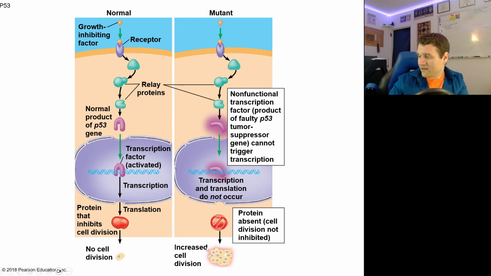And as a result, we'll get increased cell division. So even though the other cells are saying, stop growing, stop growing, this cell just keeps growing because it has lost the ability to interpret that signal. It's lost contact inhibition. Mutations of P53 are one of the most common causes of cancer.